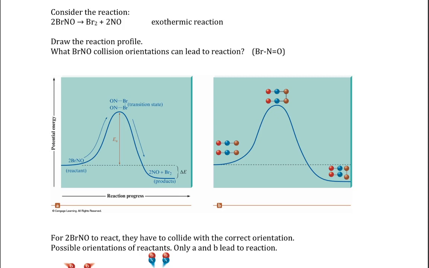Notice that in this case, the orientation of the initial linear molecule matters in order that Br2 can form. So it has to be that the Br atoms can get together to form. That's that orientation factor part.